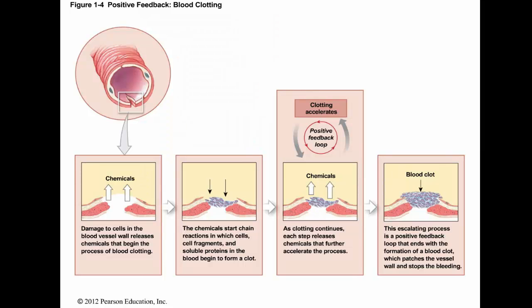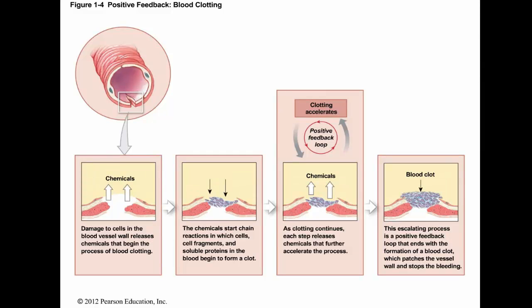What happens when there is a cut in the blood vessel, we know when we cut ourselves that blood leaks out of the blood vessels. And that's not what the body wants. The body wants to keep all that blood within the blood vessels. So it will start a positive feedback loop to try and plug that hole.